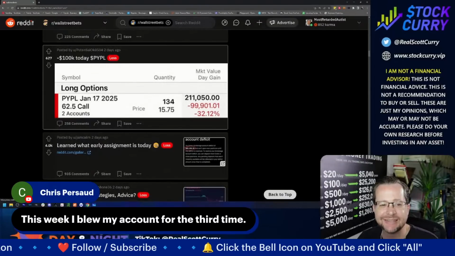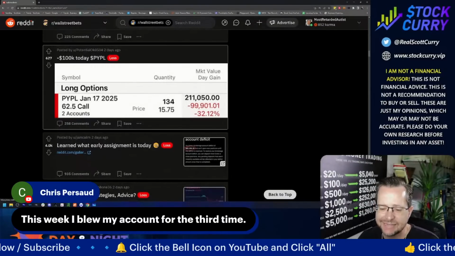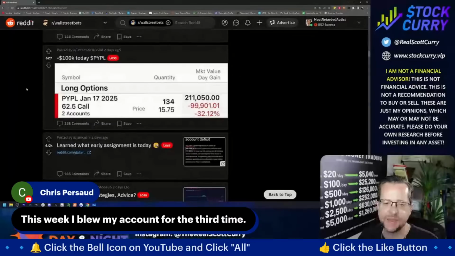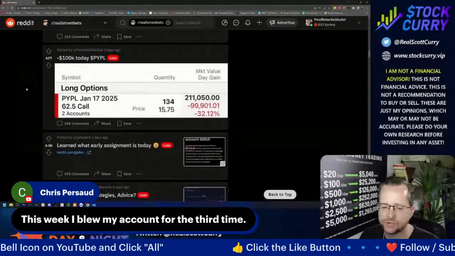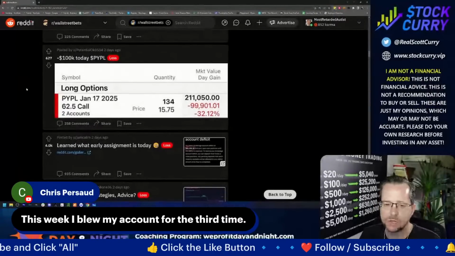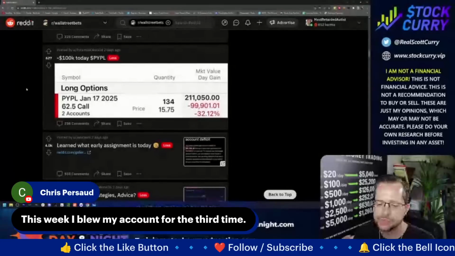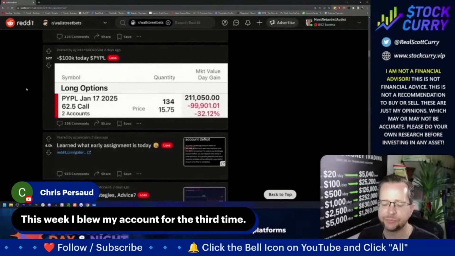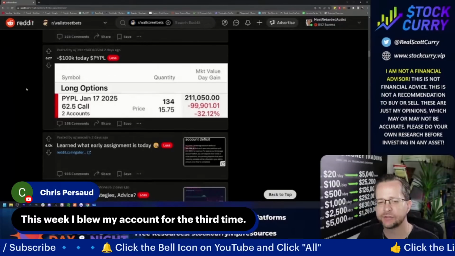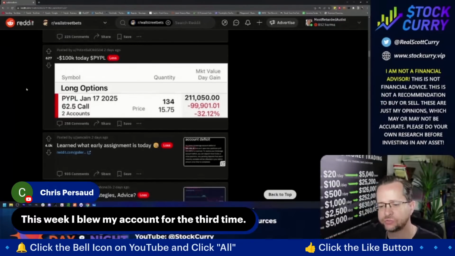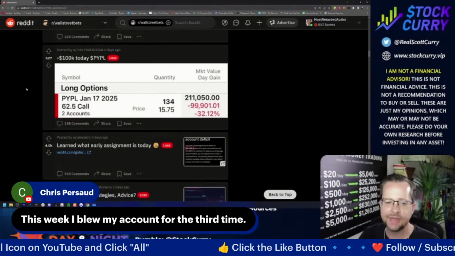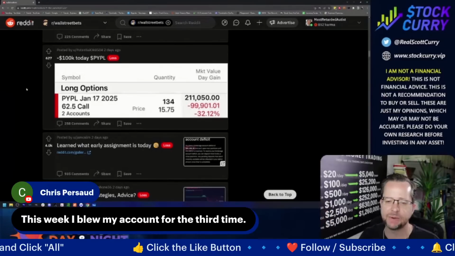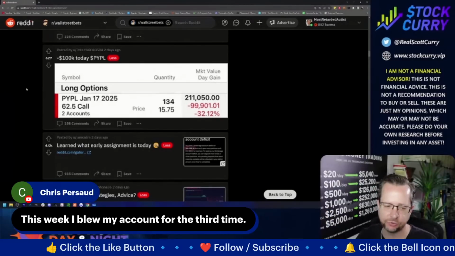This is called a LEAPS option. A LEAPS option is okay. It's literally about the only situation where it's okay to buy a single leg call or put, because these are fairly low risk. LEAPS call options, the reason they're low risk is because they're so far out date-wise that you have plenty of time to make money. But obviously you've got to deal with short-term ups and downs.